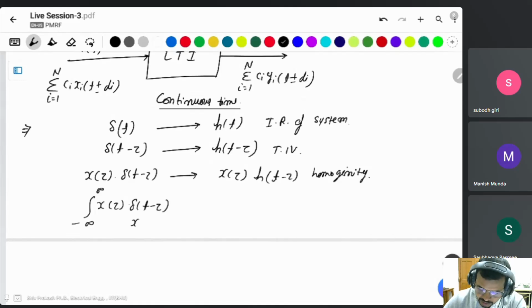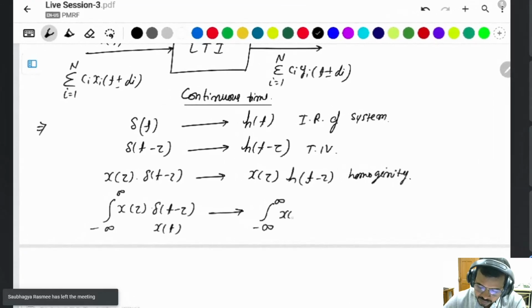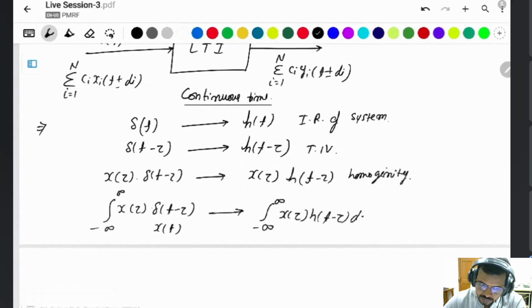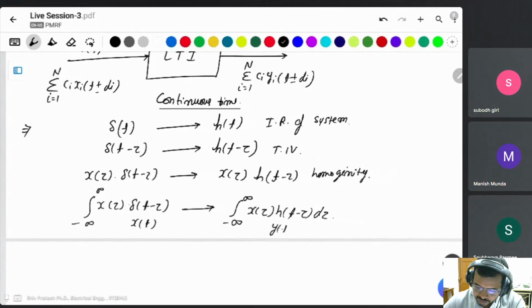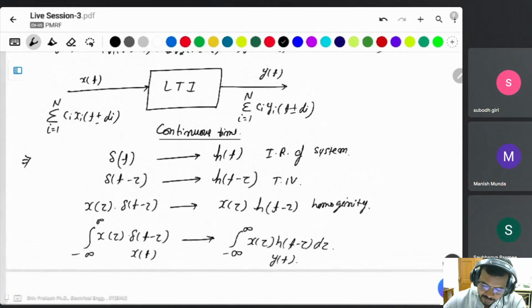This is also known as the convolution of the system. This is the output of the system. It means the LTI system is represented by the impulse response of the system, h(t).